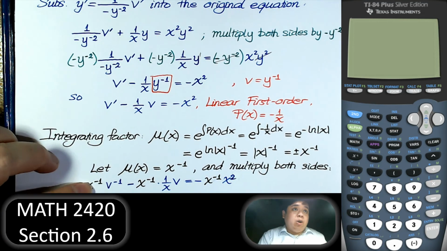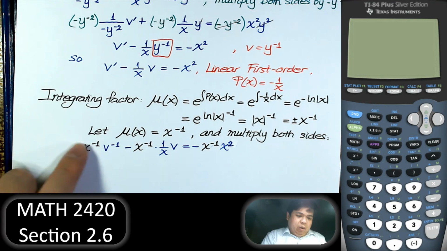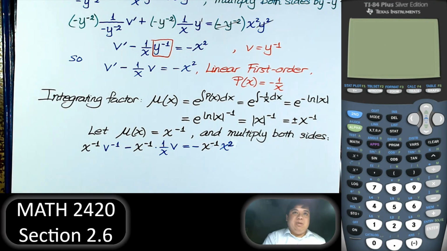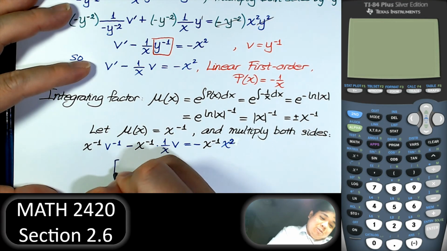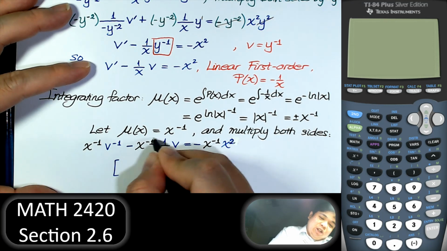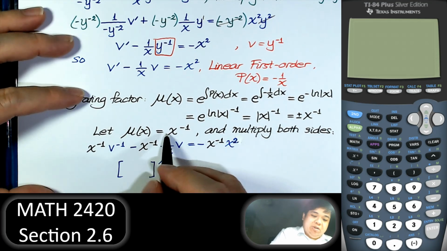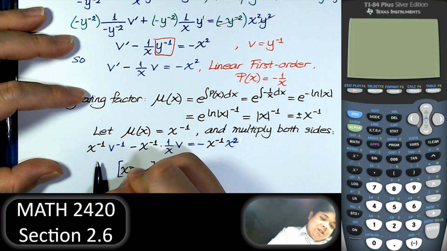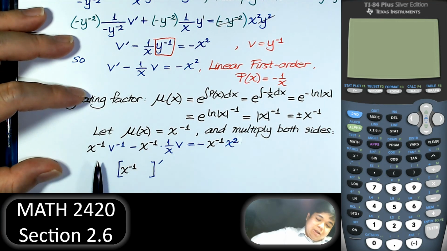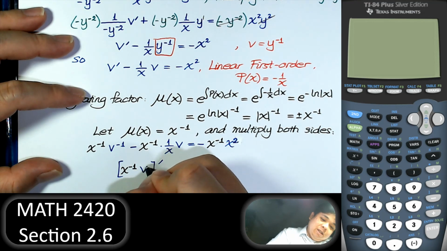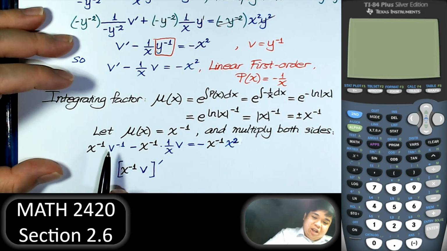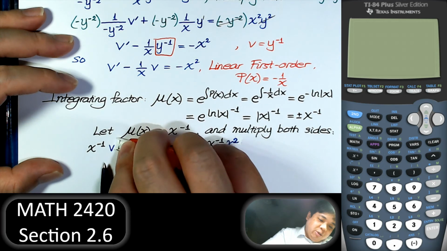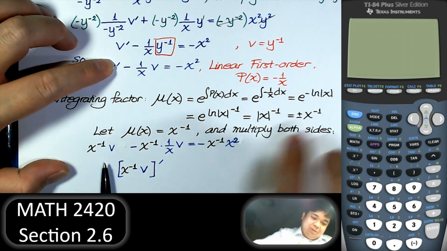Right, so even though the left hand side doesn't matter, remember the left hand side is just a product rule. Don't even need to bother to simplify this. It is just the integrating factor times v. In fact, this should be a derivative, right?